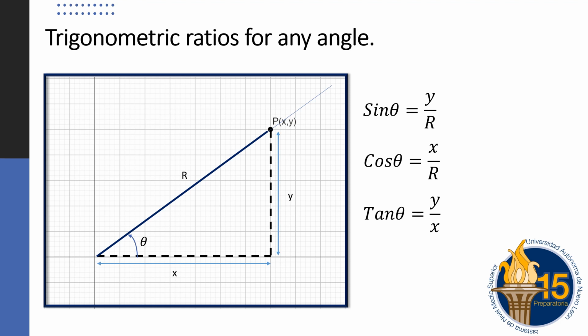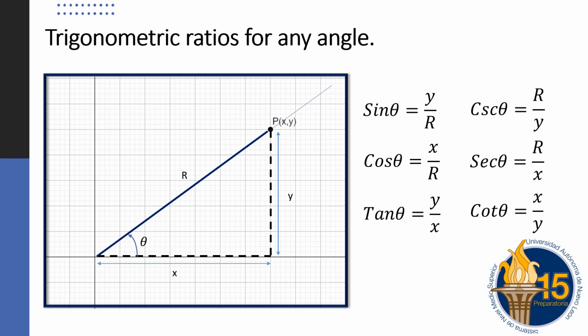Cosecant is r over y, because it is the reciprocal of sine. Secant is the reciprocal of cosine, so it is defined as r over x, and cotangent is x over y, because it's the reciprocal of tangent. All this is considering the first quadrant.